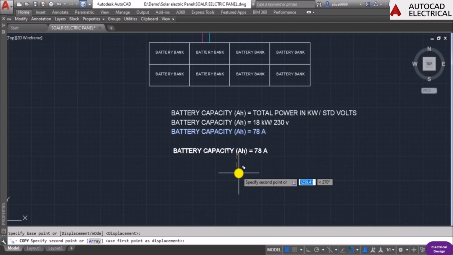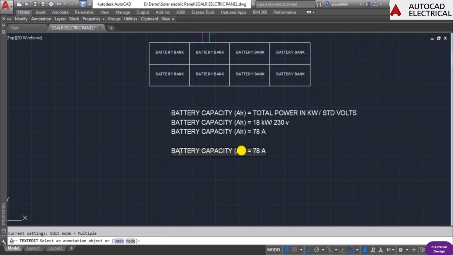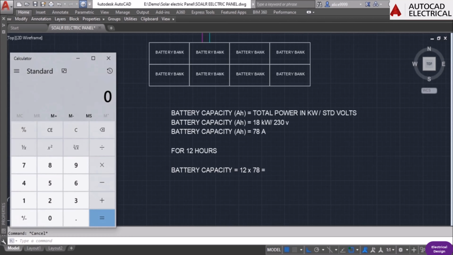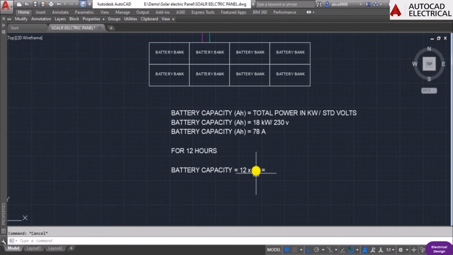For example, if we require the battery to run for the entire day, that is 12 hours, then our battery capacity must be 12 times 78, that is around 1000 ampere.